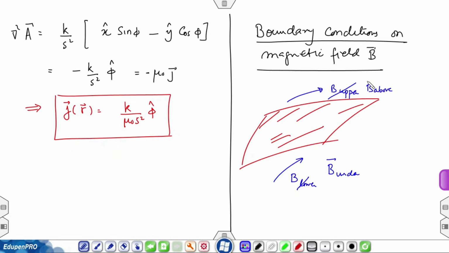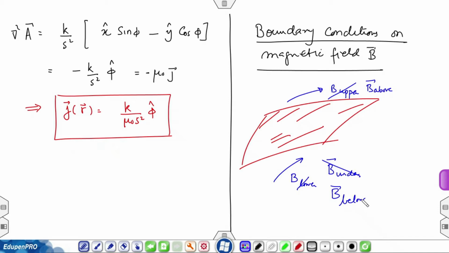How can I relate the components of B above the surface and below the surface? And that is what we want to do now.